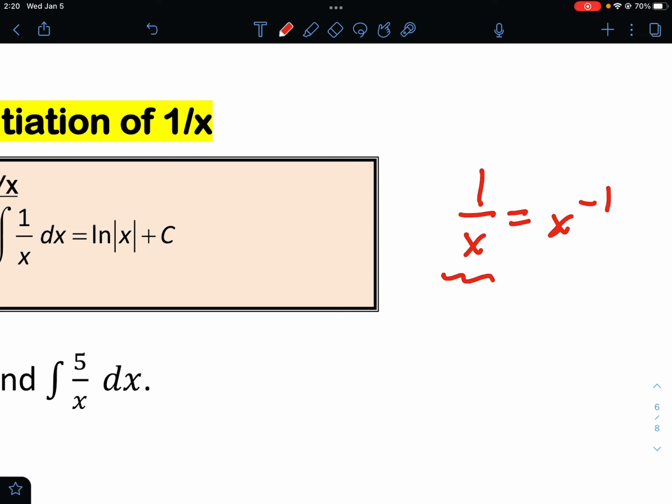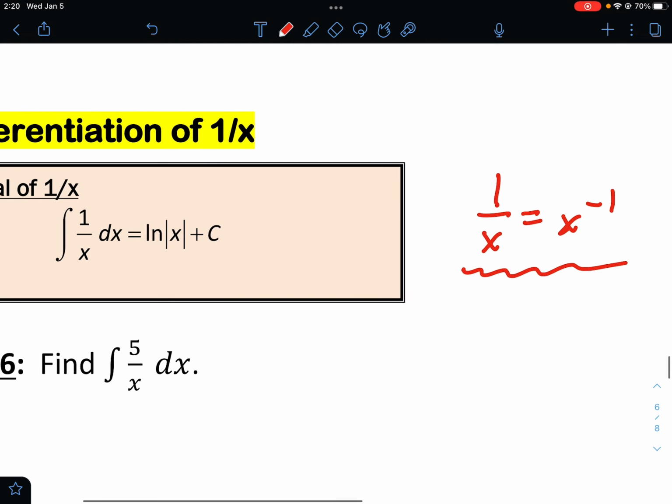These being exactly the same thing. So if we are taking the antiderivative of 1 over x, we cannot use the power rule. Instead, the antiderivative of 1 over x is natural log of the absolute value of x. We have to say absolute value because remember, we're not allowed to take logs of negative numbers, okay?